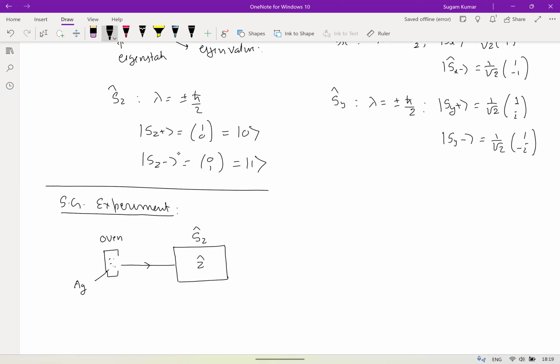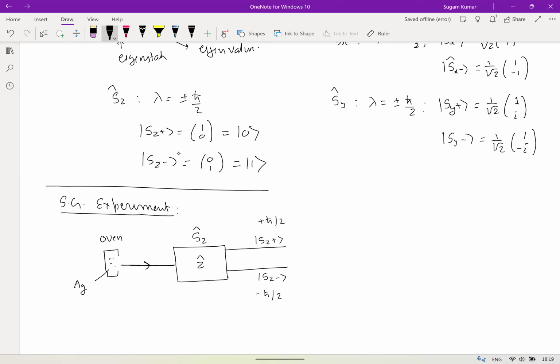Whenever you apply the Sz operator on the unpolarized beam, you're going to get two beams out of this: one Sz plus with eigenvalue h cut by 2 and Sz negative with eigenvalue minus h cut by 2. So this is what we did in the last class.